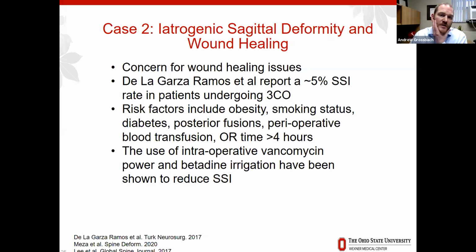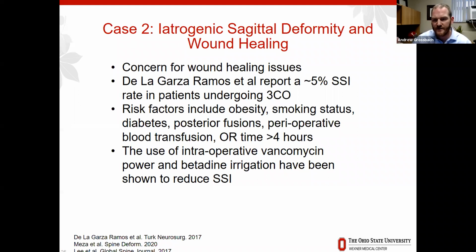Yeah. So of course for her, like I mentioned before, I'm concerned about wound healing issues. She's had multiple lumbar surgeries, and we're going through it again, at multiple levels. There's a recent study that shows that patients with 3-column osteotomies have about a 5% surgical site infection rate, so they get infected more often.